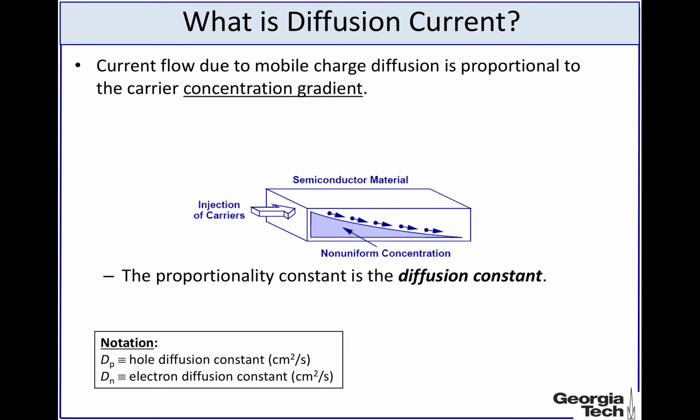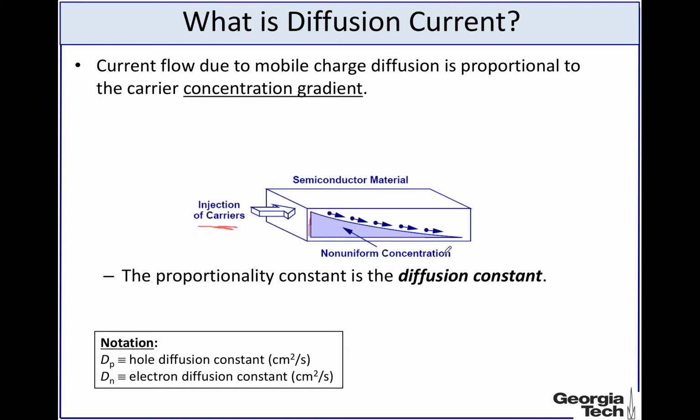The diffusion current essentially is the current that flows due to the diffusion of the particles. For example, in the case shown here, you have a semiconductor material and you're injecting carriers from the left side, and as a result you have a higher concentration of particles at this edge, and then it decreases as you go to the right. Why it decreases we will explain in the next slide.